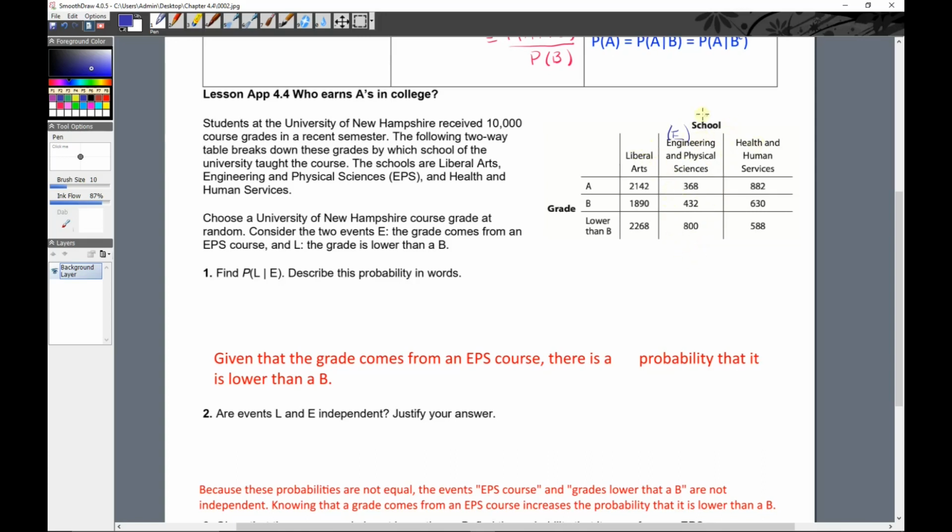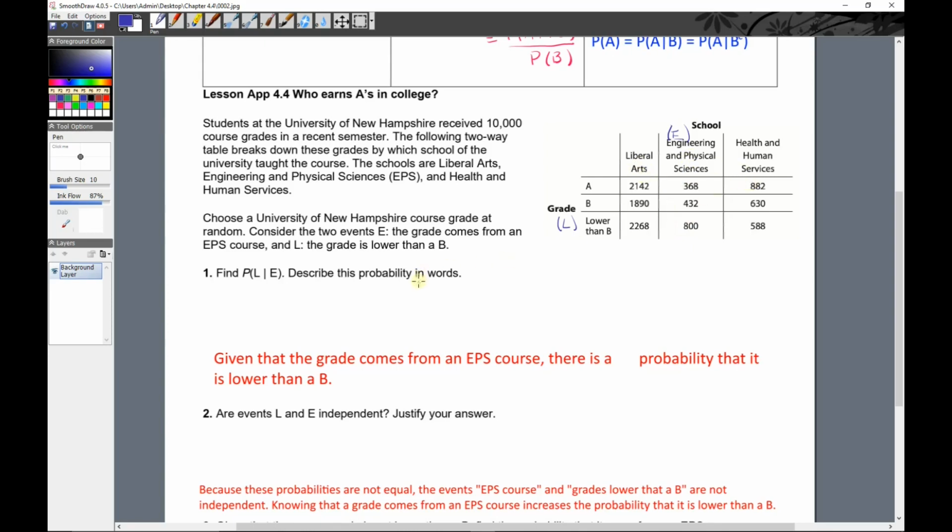And the other 2 would be not E, if that makes sense. And then the grade is lower than a B. We'll use L for that. So this will be L. So it'll either be lower than a B, which is this row, or it'll be L complement, which would be sort of these 2 rows put together. So it's either lower than a B or not. It's either from an EPS school or it's not.